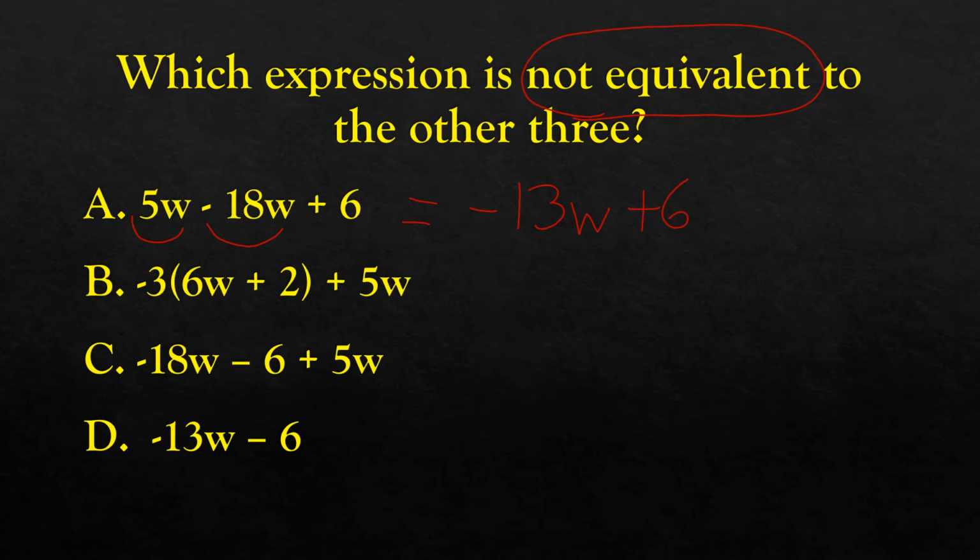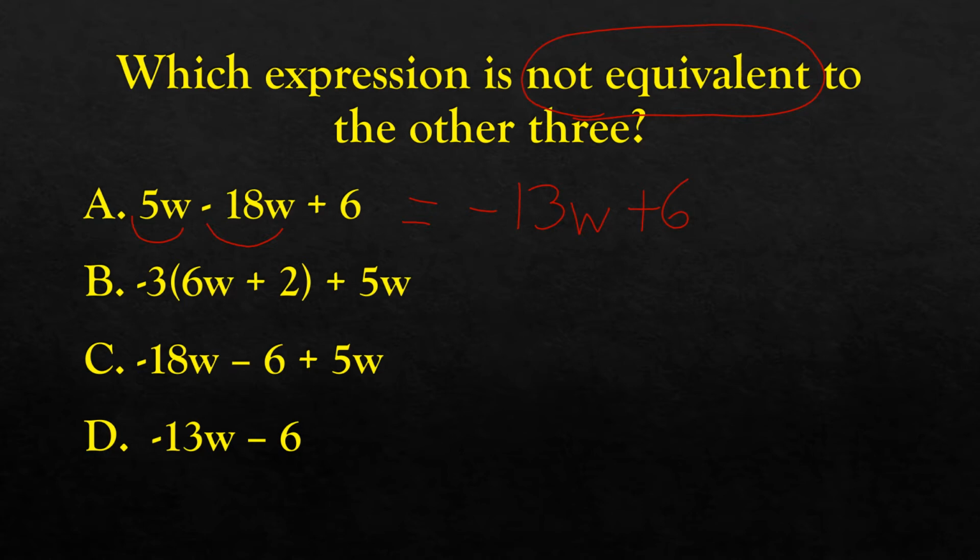All right, let's look at the next one. We have negative 3 times the quantity 6W plus 2, plus 5W. What would be the first step here? Oh, good job. We have to remember our PEMDAS. We've got parentheses, but 6W plus 2, we can't combine. So what can I do?